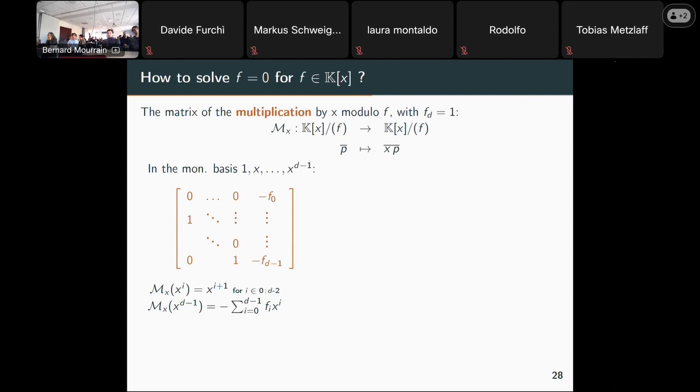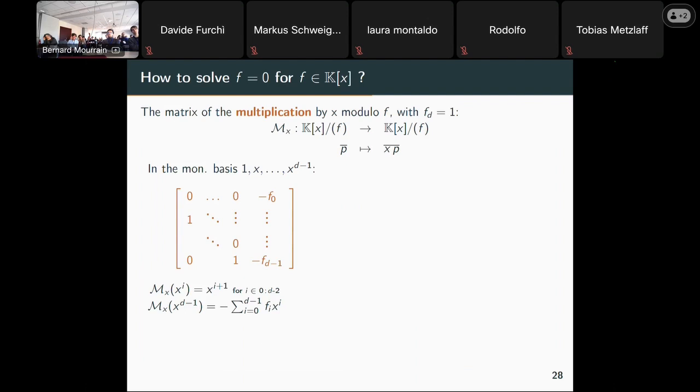Well, we know that the quotient modulo f is a vector space of dimension d, spanned by 1, x, up to x^(d-1). When you look at the multiplication by x in this basis, you multiply 1 by x, you get x, so 0, 1, 0. x by x is x squared, so 0, 0, 1, and so on, up to x^(d-1). And x^(d-1) times x is x to the d, but x to the d is also minus the sum of fi xi.